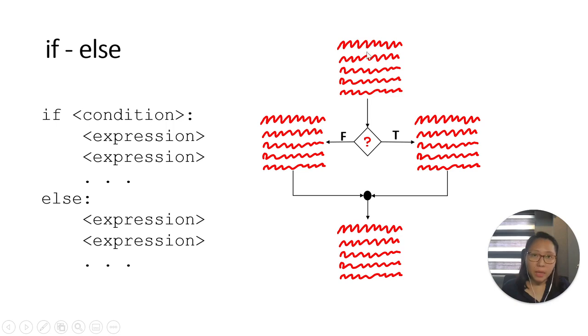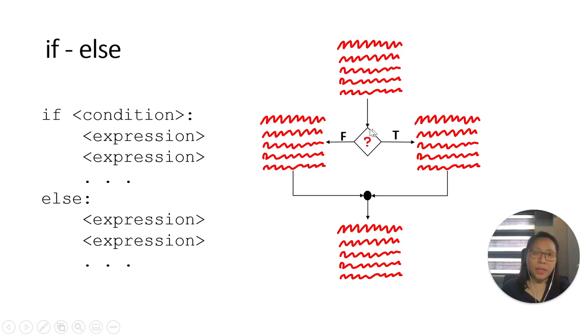So the program runs, executes line by line, and then the program has a test or a condition. So this if-else construct gives two-way branching. So it gives us two choices.